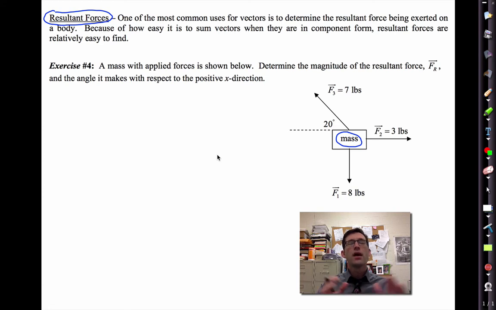It's very easy to figure out resultant forces because all they are is the sum of all the individual forces. But that's only helpful if they're broken into component parts. That's the key. So to find resultant forces, what we always need to do is break individual forces down.